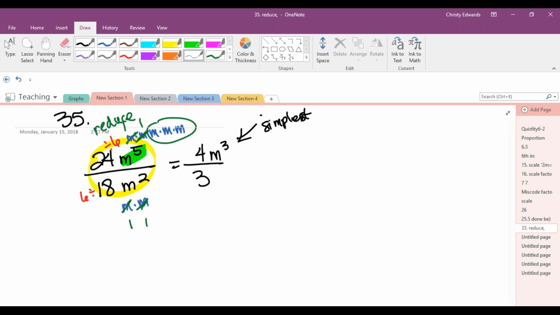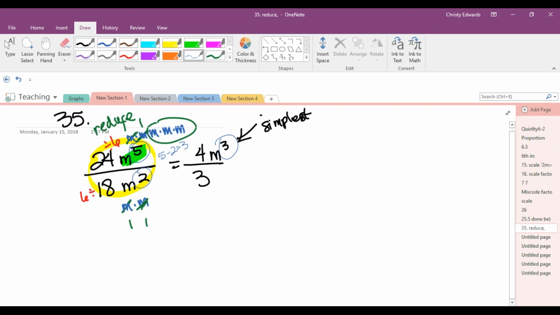Do you remember our trick that we learned in chapter, I forget, 3, 4 maybe? If you have m to the 5th divided by m to the 2nd, since the bases are the same, can't you just do 5 minus 2 equals 3? If it's division, you can subtract. Yeah, you see that?